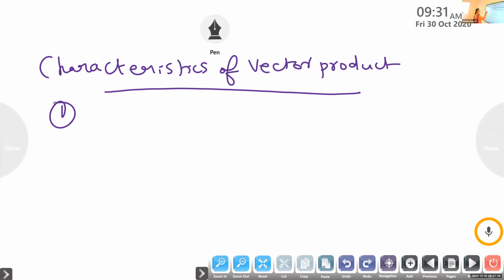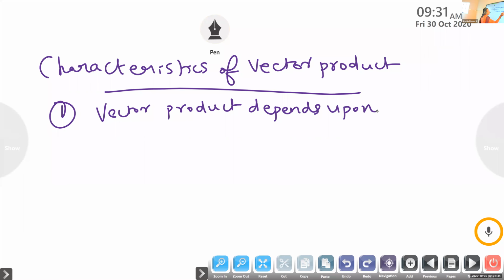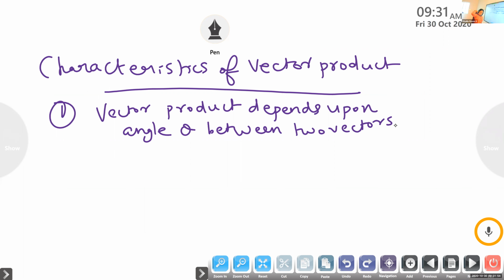In this case, the first characteristic: the vector product depends upon the angle theta between the two vectors, through sine theta.